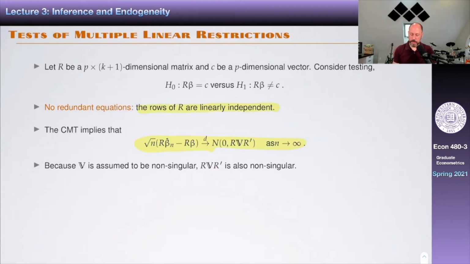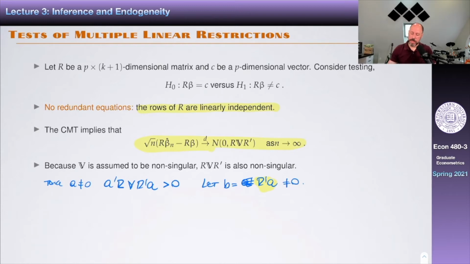Take a that is not 0 as a vector, okay? And then you have a prime R B R prime a. You want this to be positive, okay? Well, if you let b be R prime a, this is non-zero because we just said that the rows of R are linearly independent and a is different than 0.